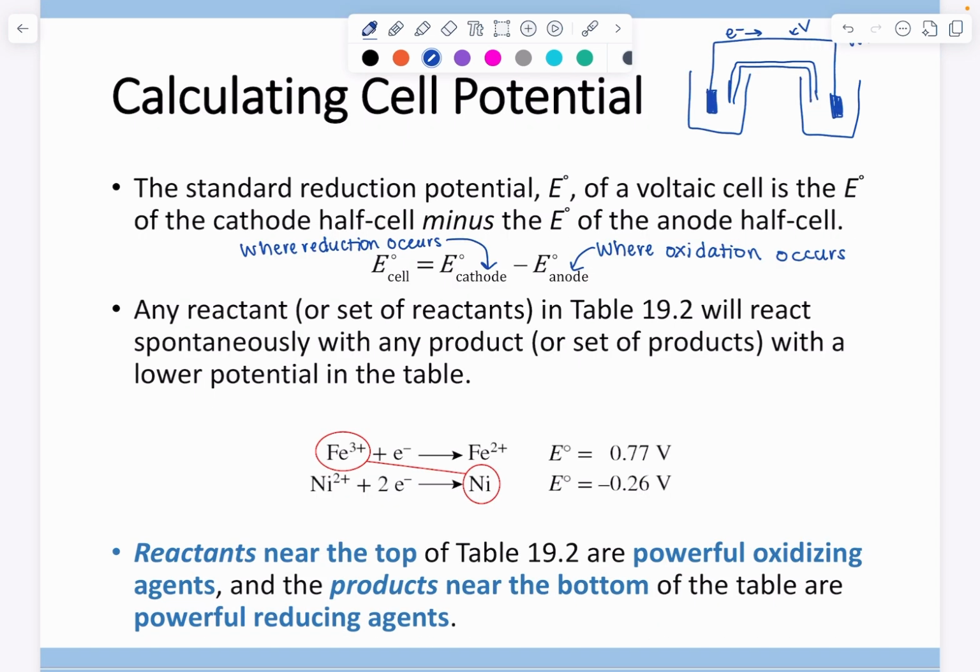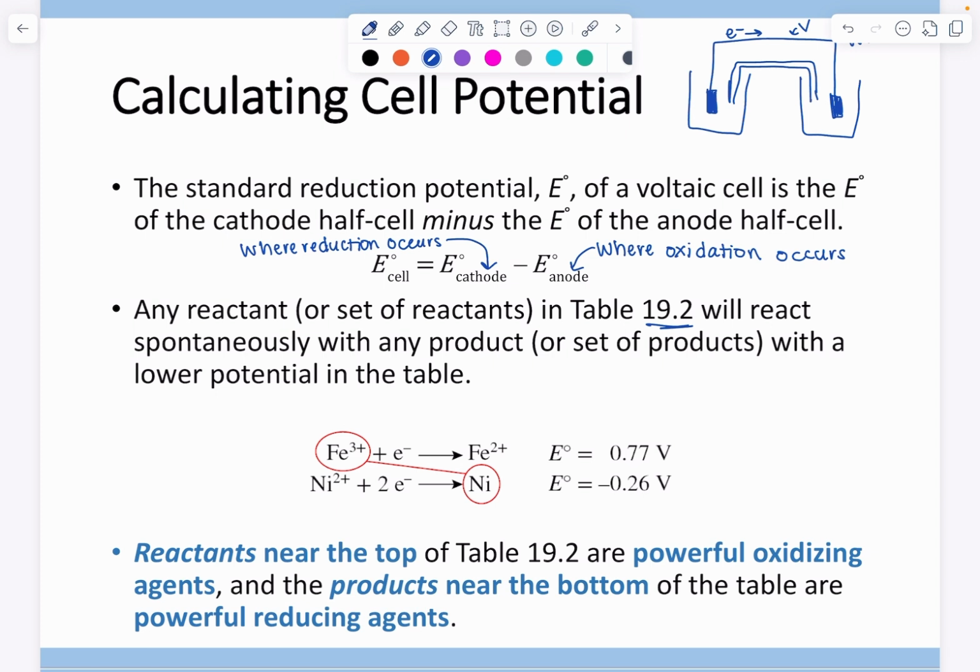Any reactant in the table, now I just said table 19.2, this is the table number in your book, but it's the table that spans 2 pages in our notes, will react spontaneously with any product that's lower on the table.